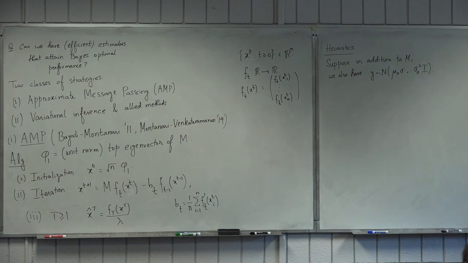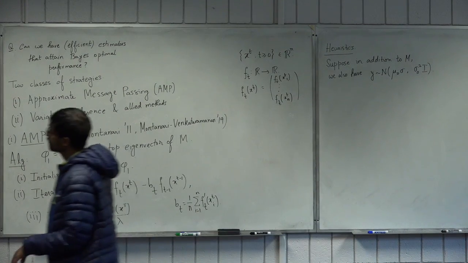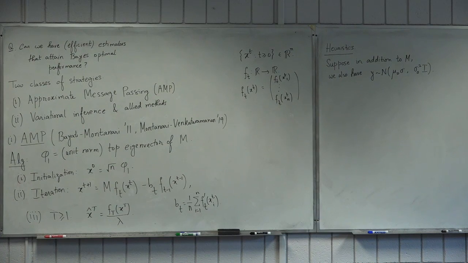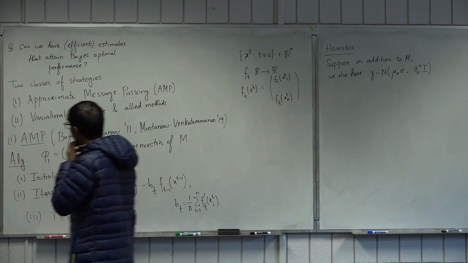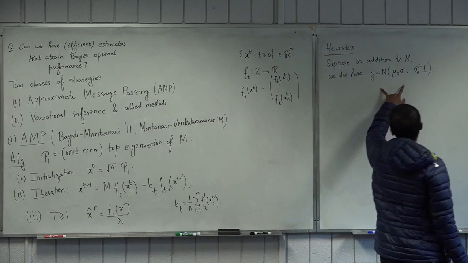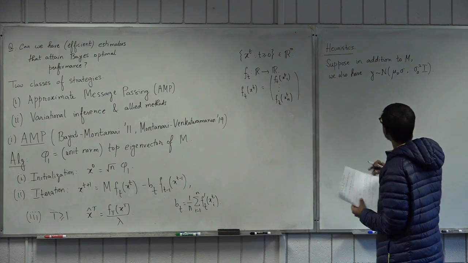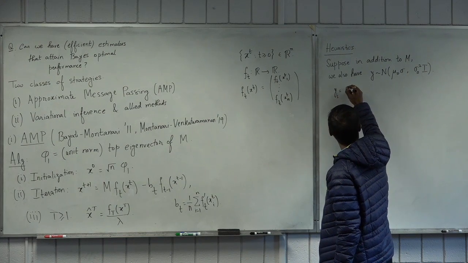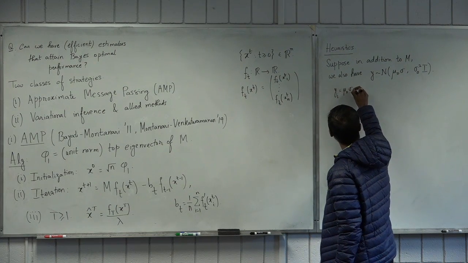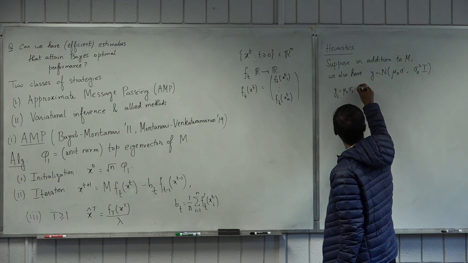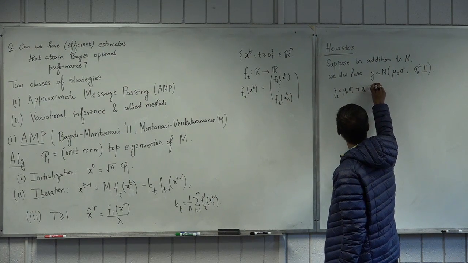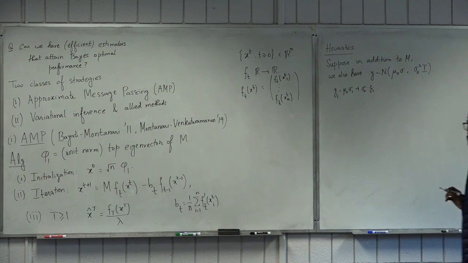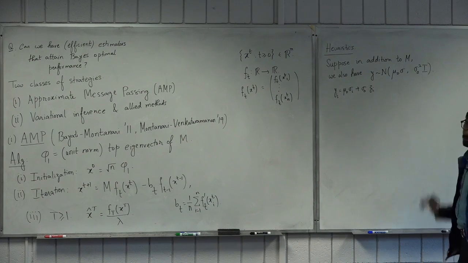So what I mean here is that in addition to the matrix M, you have this underlying vector sigma that you're really interested in, right? So what I'm imagining here is that you have this side information, let's say, where the ith coordinate is basically some mean times the ith coordinate of sigma plus some scalar sigma naught times a Gaussian. Okay, so suppose you have this additional information given to you.